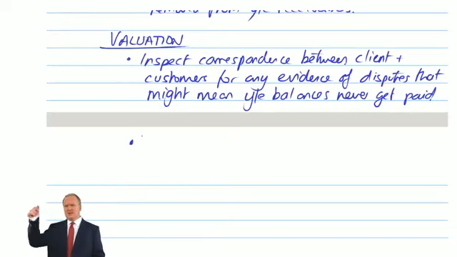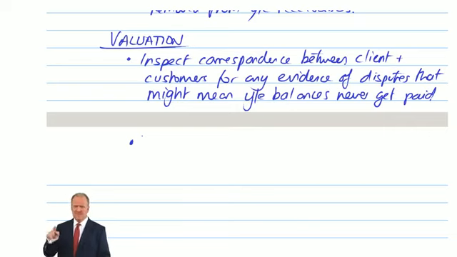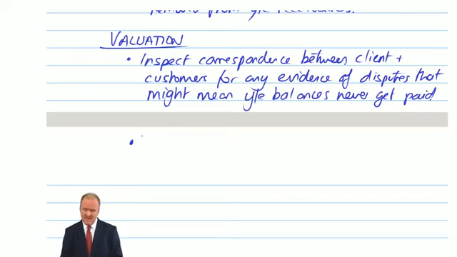And if I can't see any correspondence suggesting a dispute, the amount has not been paid, I need to assess the likelihood that that's a bad or doubtful debt. And what I'd like to do is something analytical.